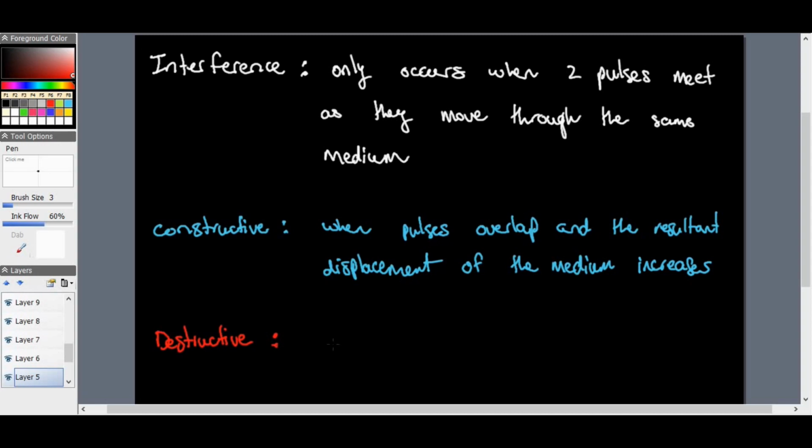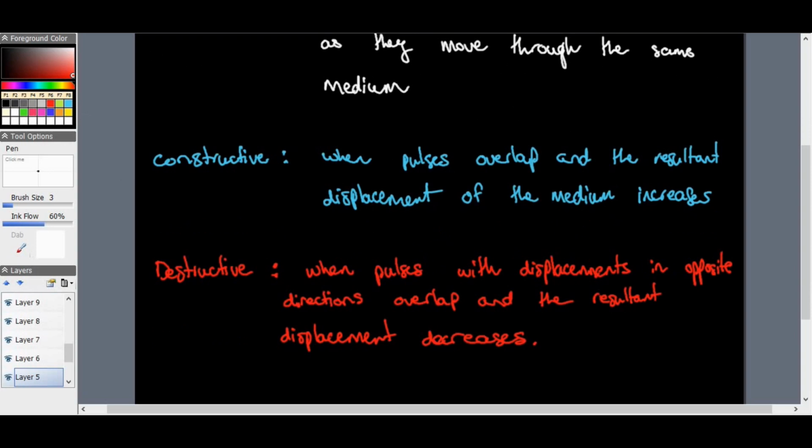Now, destructive interference occurs when pulses with displacements in opposite directions result in the resultant displacement decreasing rather than increasing, as opposed to the constructive.